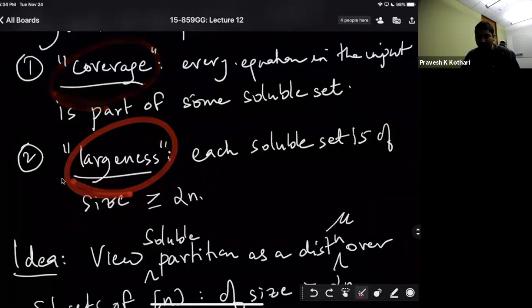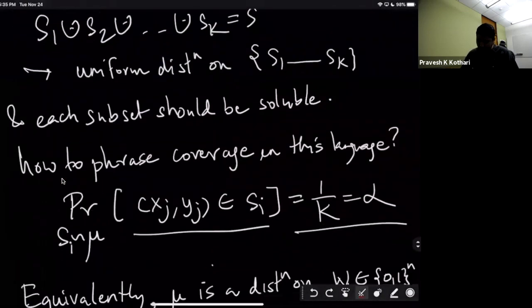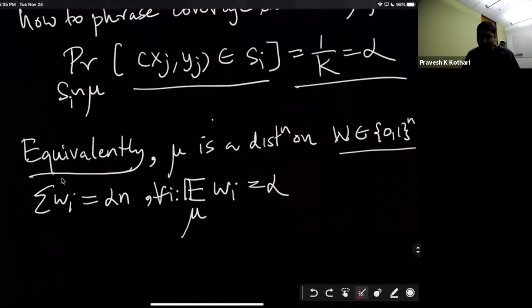We now want to phrase them as properties of the distribution that we want to think about in the context of this partition. Let's look at the uniform distribution on the Si's. First, let's do a change of notation and think of the distribution as being on vectors in 0,1 to the n, where vectors in 0,1 to the n are the indicator vectors for subsets of the n equations.